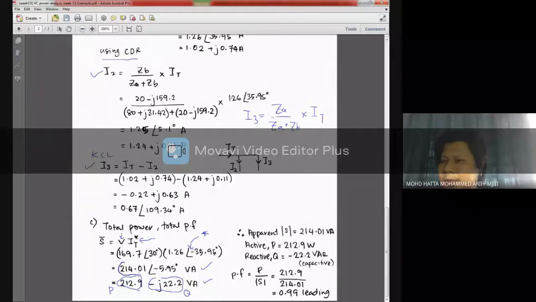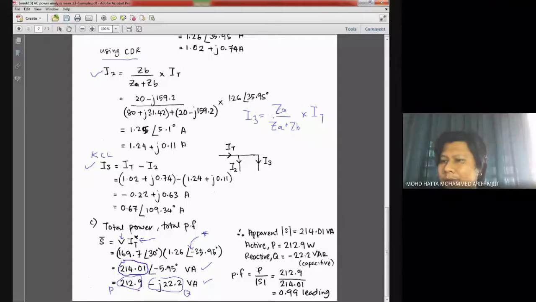And before that, after we finish the multiplication over here, the magnitude of our vector is our apparent power, or the magnitude of S.